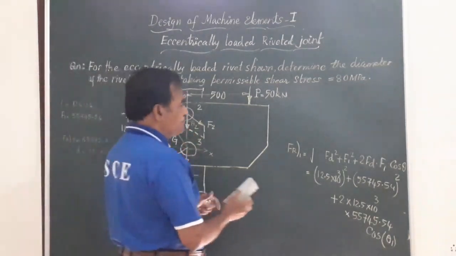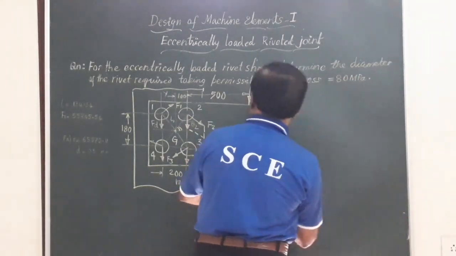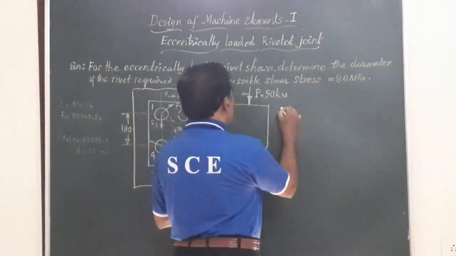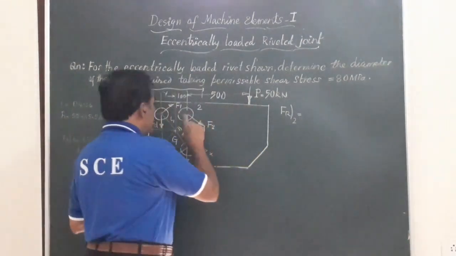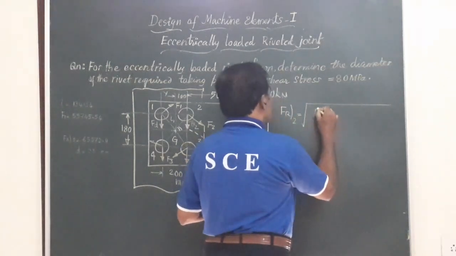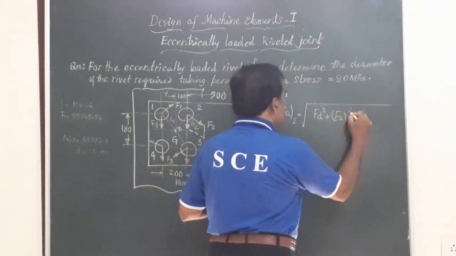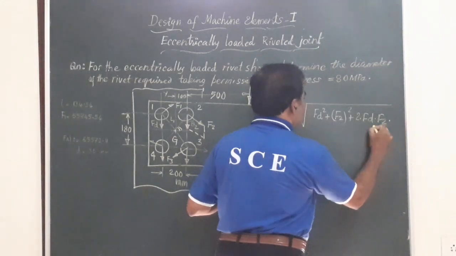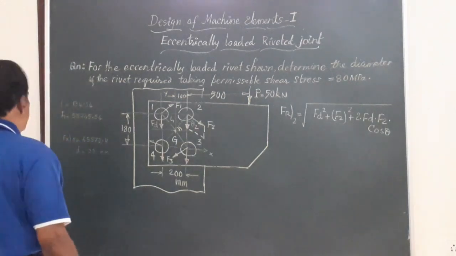So here we can say that at rivet number 2 the resultant load will be FR2, that is direct load plus secondary load F2, which is the square root of FD square plus F2 square plus 2 times FD F2 into cos theta. So what is the value of this cos theta?